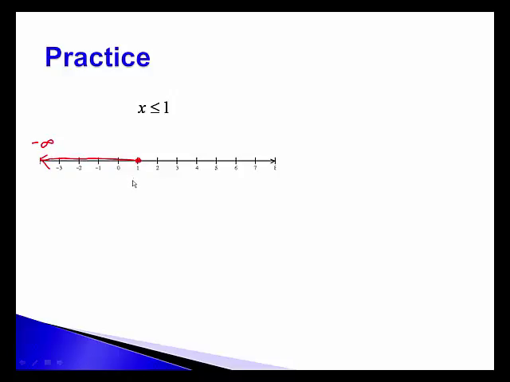To write this in interval notation, you still write it in the order that it appears on the number line. That means we would start with negative infinity, continue to 1, always a parenthesis on this end because it's next to the infinity symbol. This time the square bracket goes with the closed circle, so we have a square bracket on this end.